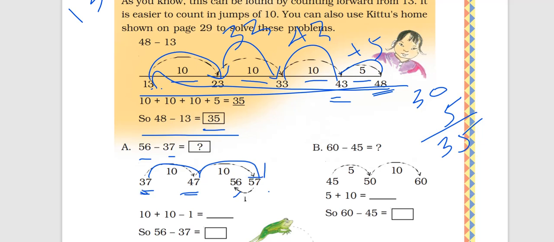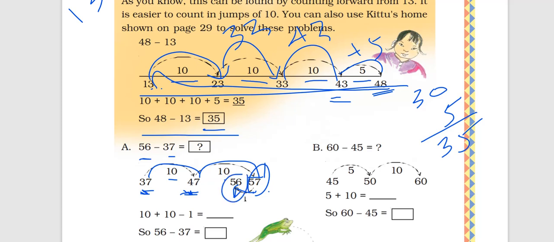There were 3 tens here, you add a 10, you come to 4 tens with a 47. There were 4 tens here, you add another 10, you come to 5 tens, which is 57 here. But we need to come up only till 56. So we need to take 1 step back, and you arrive at 56, which is our final destination.